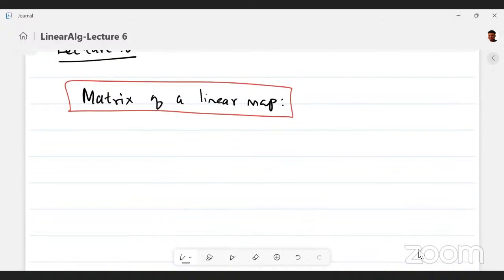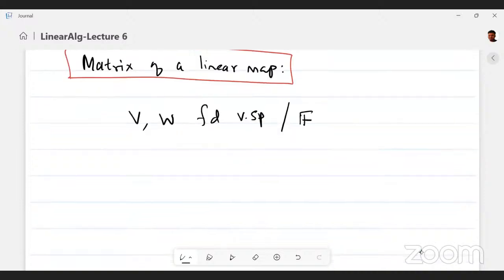First, let's fix some finite dimensional vector spaces, call them V and W, and we also fix a linear transformation T from V to W. V and W are finite dimensional vector spaces over some field F. Let's fix the dimensions: the dimension of V is n, and the dimension of W over F is m.